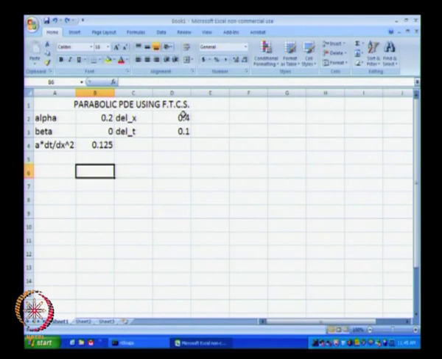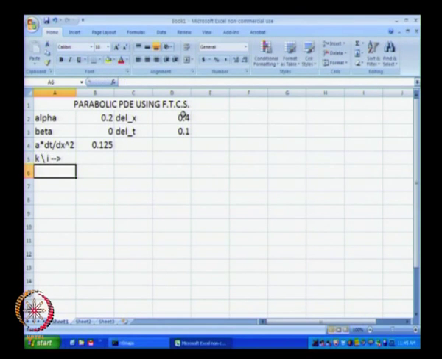So, now what we need is, on the columns, the various temperature values along the length of the rod. I will have the locations i specified along the columns and k specified along the various rows.